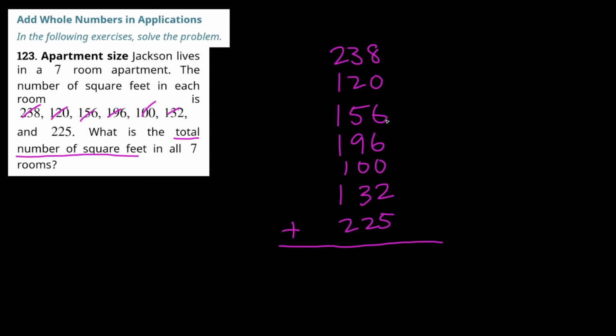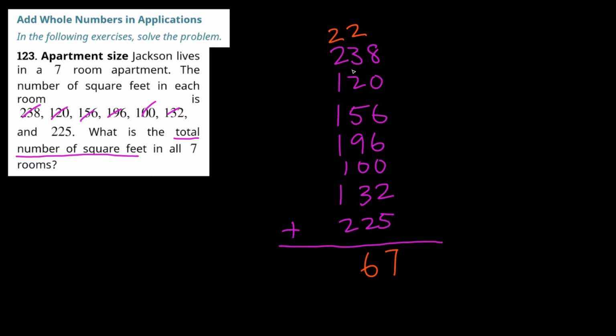We have 8 plus 6 is 14, plus 6 is 20, 22, 27. We'll carry the 2. 2 and 3 is 5, 7, plus 5 is 12, plus 9 is 21, plus 3 is 24, plus 2 is 26.